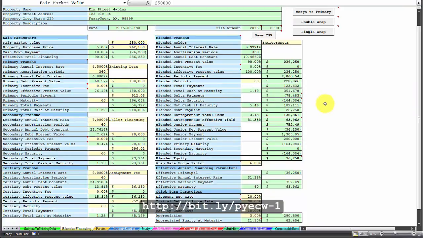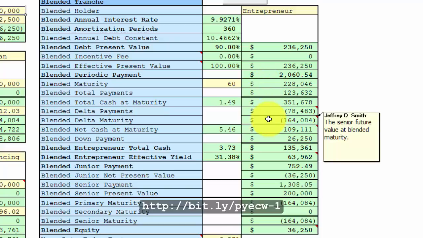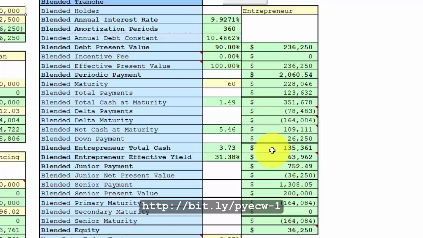Now, in this scenario, after 60 months, the balloon of $228,046 is due. When you subtract the maturity value of the senior debts, that will leave about $64,000 for you.